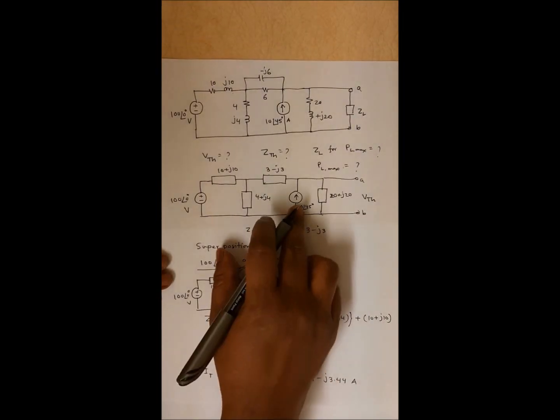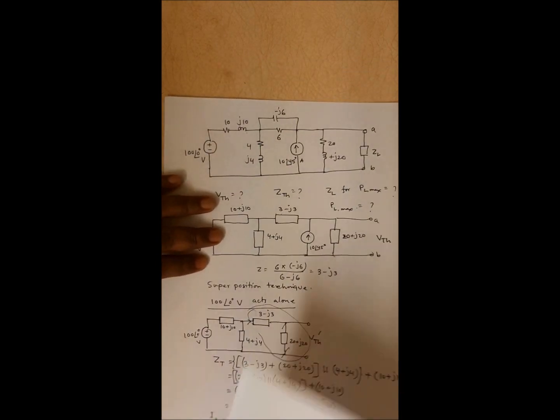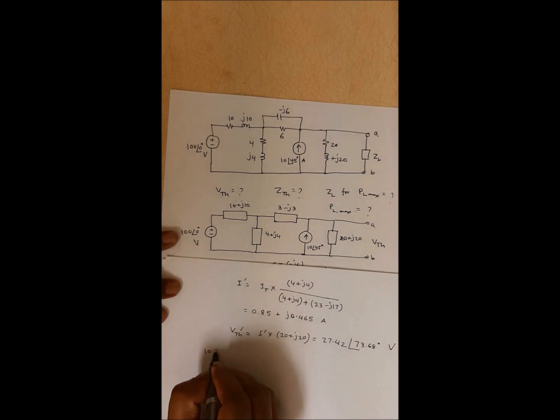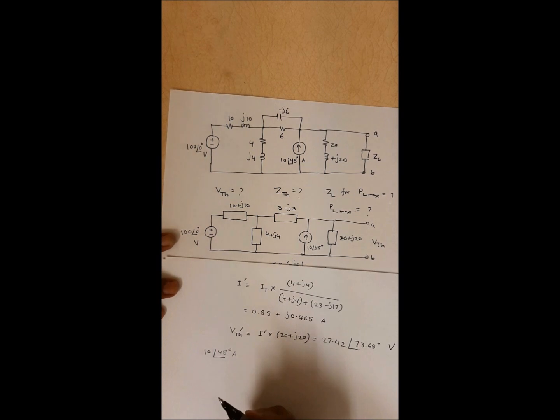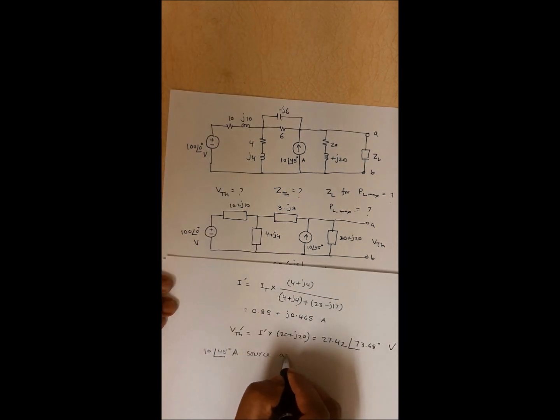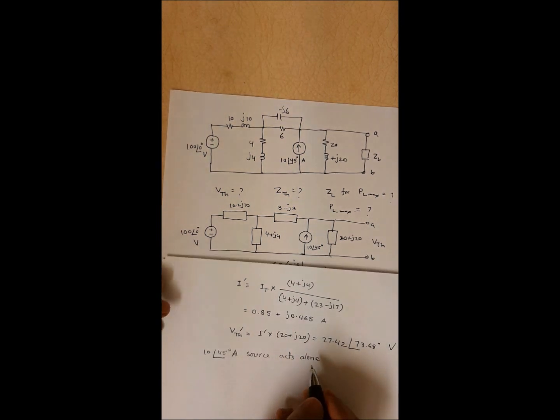Now we need to consider this current source acting alone. So let the 10 angle 45 ampere source act alone.